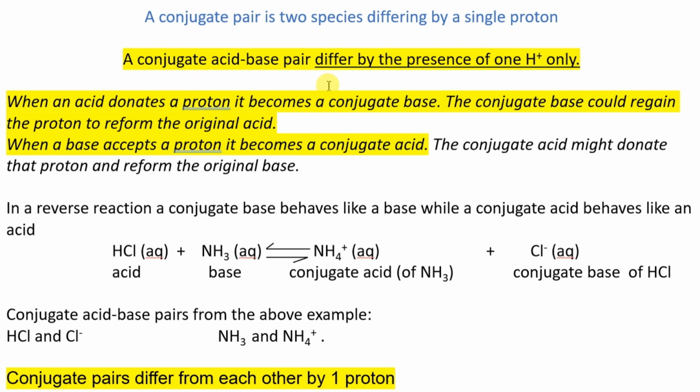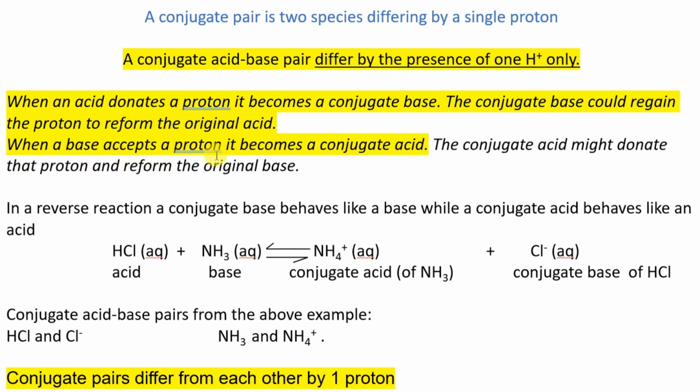Conjugate acid-base pairs differ by the presence of one hydrogen ion only. I could say proton, I could say hydrogen ion. When an acid donates a proton, it becomes a conjugate base. The conjugate base that it forms could regain the proton to reform the original acid.